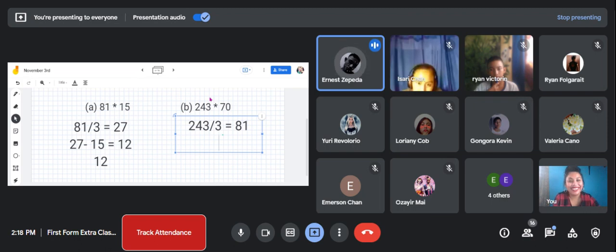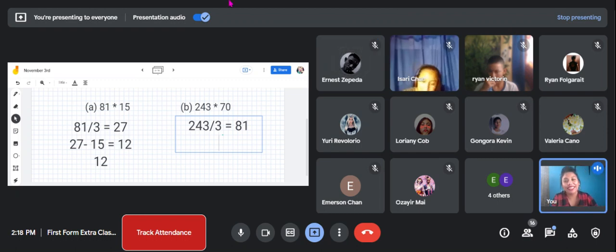Then I did 80 times 3 and it gave me 240. And 3 times 81 is 243. And now 81 minus 70 is 11. Very good, Ernest is practicing his mental math with the division. The answer is 11.